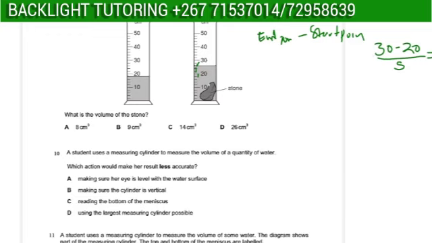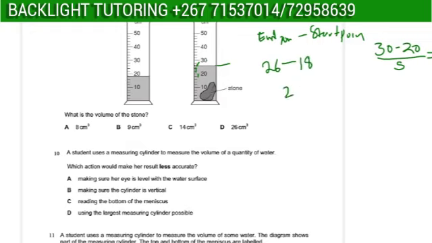To calculate this, we are going to read at the bottom of the meniscus here. So we've got 22, 24, 26, and the reading is 26. Then we've got 12, 14, 16, 18.